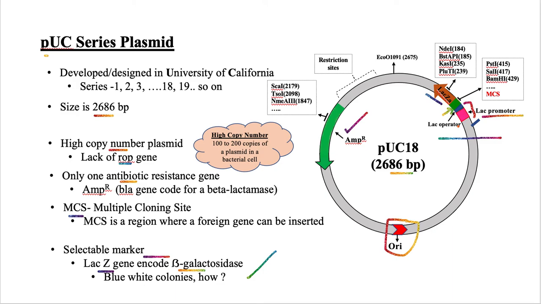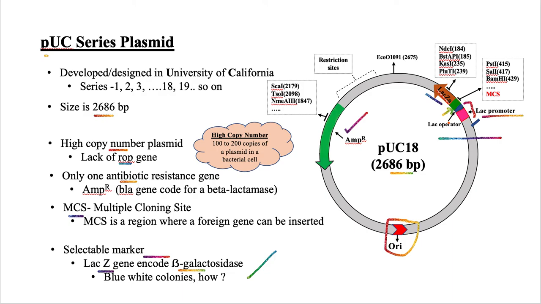Now in this case, you can see that we have the multiple cloning site right upstream of the lacZ alpha gene. If we want to insert our gene of interest, we can put that into this multiple cloning site. But if we do not have any gene of interest inserted into this multiple cloning site, we have to detach the repressor protein, and in that case we use IPTG. This IPTG attaches itself to the repressor protein and brings some conformational changes in it.